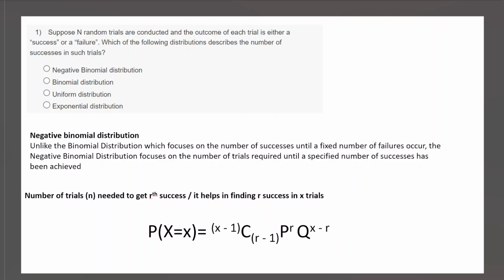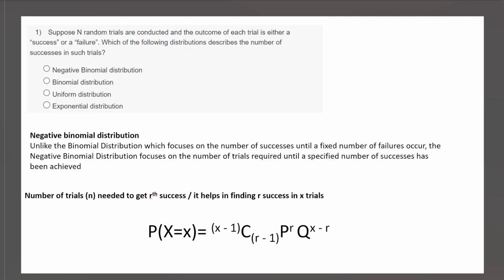They have just done it in a random fashion, like selecting a random color ball in experiments. So what they're asking is, in each trial either success or failure is the outcome, which means it is a Bernoulli trial. So that is what they're trying to indicate.